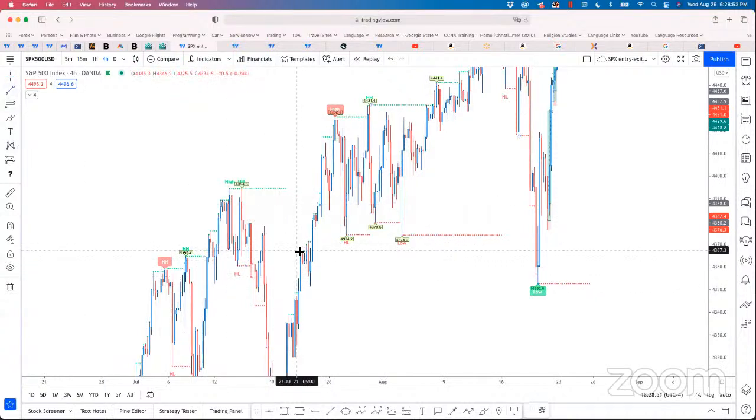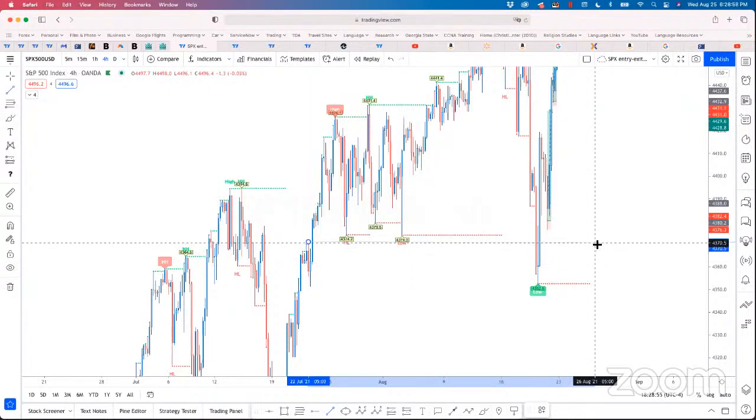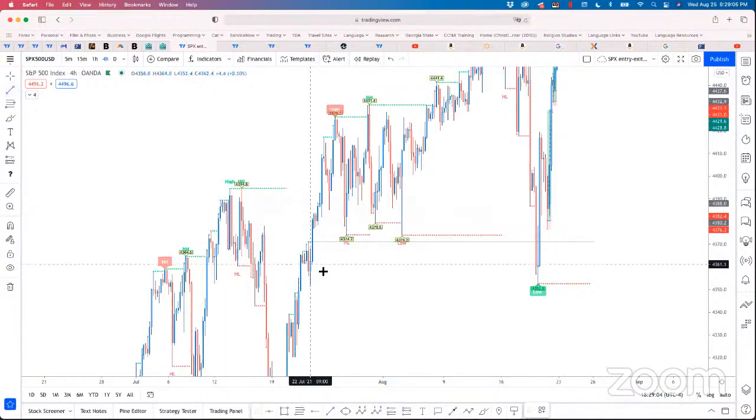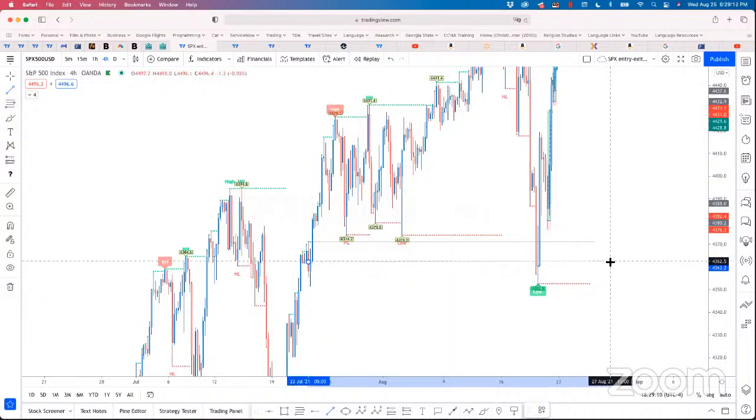I might come in and put a small entry right here. This will be the first entry. And then once I see it trade down into this order block, I'll have the bigger entry somewhere lower, or lower here.